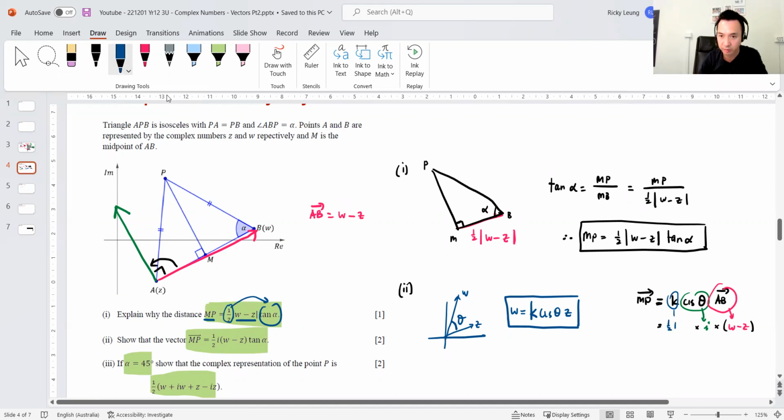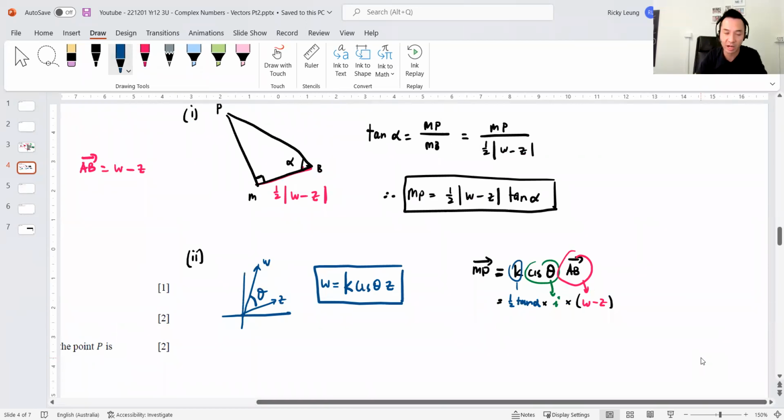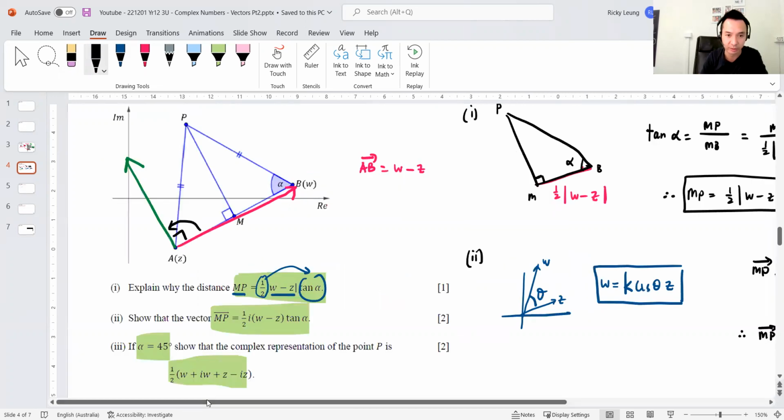Half tan theta. So let me zoom in if you can't read that. So a half, let me write that again, a bit small. Half tan theta is a scalar multiple that gets us the size. That times a rotation times a vector gives me my final answer, therefore MP as a vector equals, how do they want me to label it?